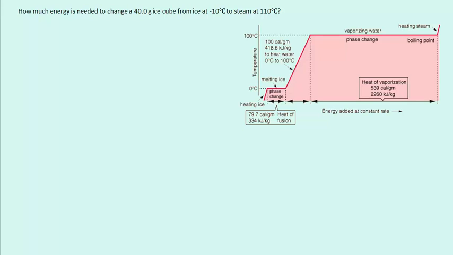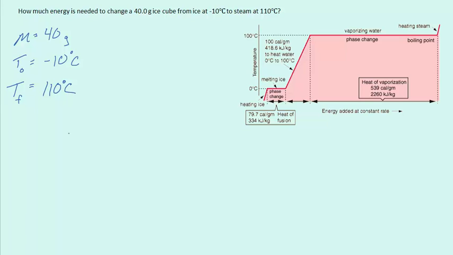So the information we're given is that the mass of our ice block is equal to 40 grams, and that our initial temperature is negative 10 degrees Celsius, and in the gas stage, its final temperature will be 110 degrees Celsius.